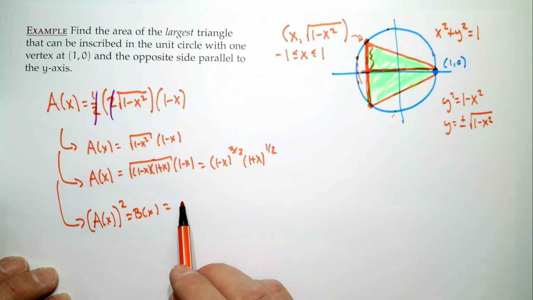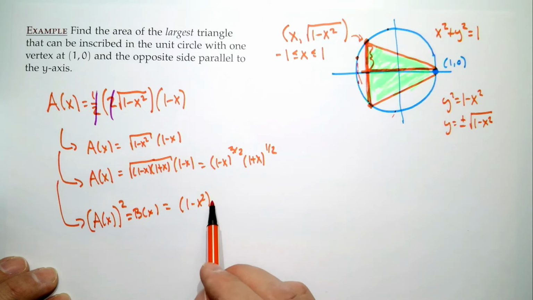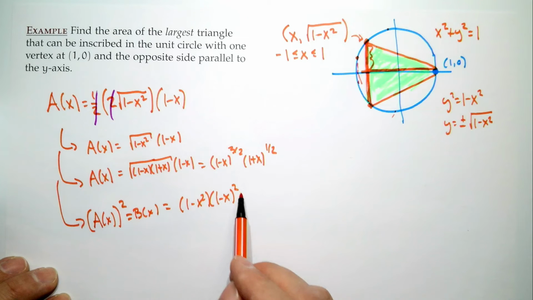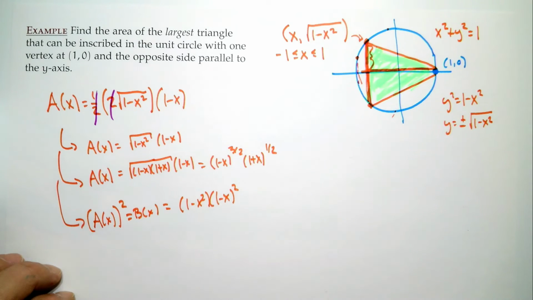This function is 1 minus x squared times (1 minus x) squared. Of course, when I say it out loud, you didn't hear my parentheses, so that's not quite the same. The nice thing is, optimizing area is equivalent to optimizing the square of the area, because area is a non-negative measurement. To make it as large as possible, I just have to make the square as large as possible, and that helps us avoid having to deal with the square root.